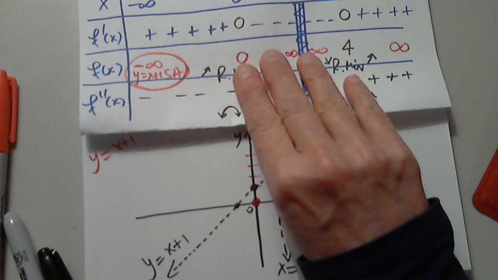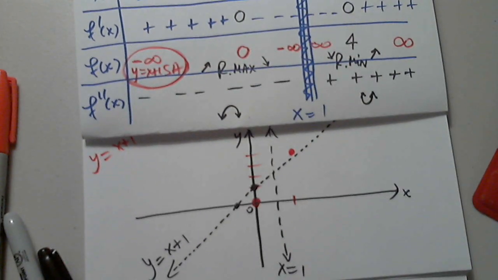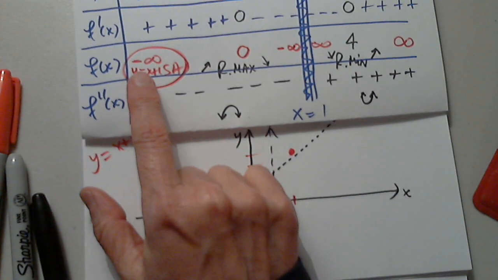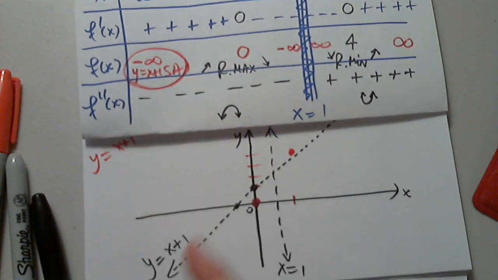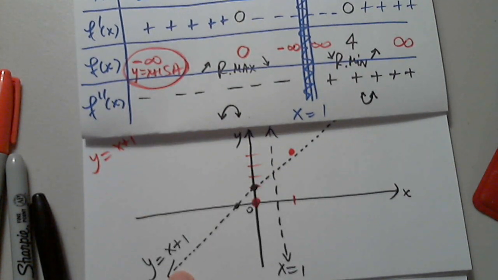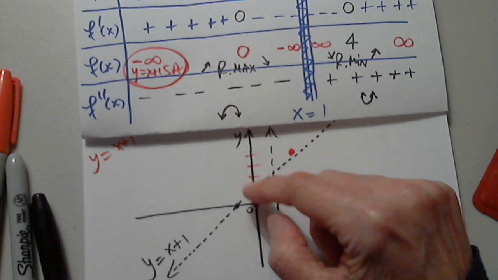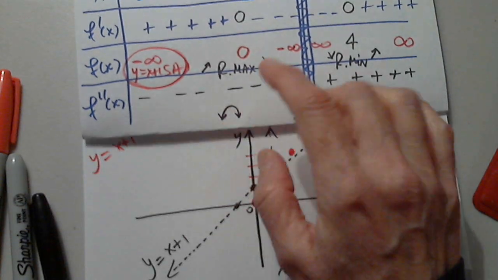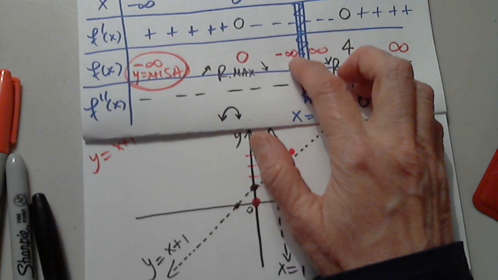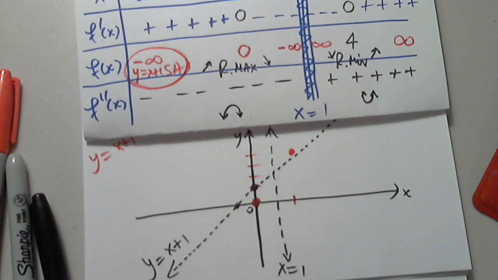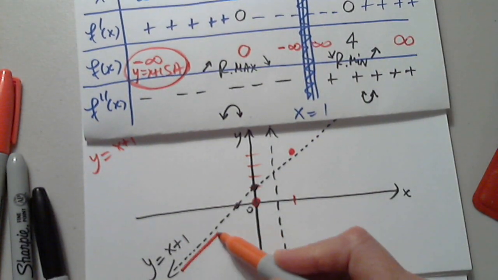Back to our table. Ready? It's coming from negative infinity, of course, close to the slant asymptote. Increases to 0, 0, opening down, but then it starts decreasing towards negative infinity on the left-hand side of the vertical asymptote. Very nice.